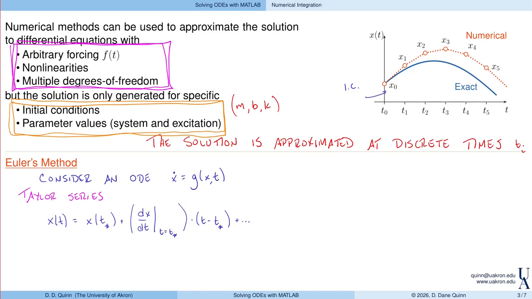But if you really look at what we have here, this ordinary differential equation actually defines this term, which really represents the slope of the curve. So we can turn this into a numerical method.